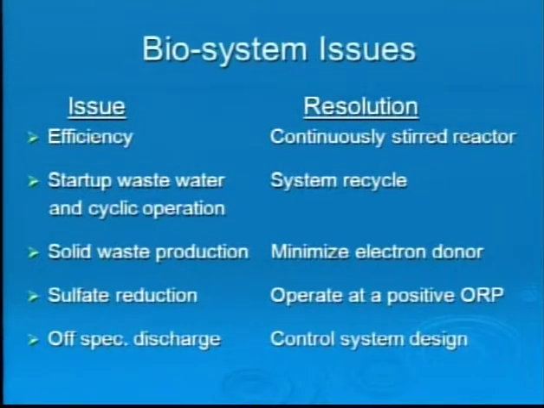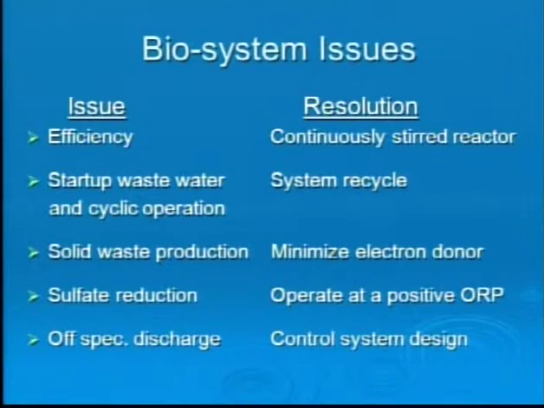One of the things about efficiency that's important is that high efficiency means good utilization of the electron donor. In all of the discussion you've heard so far, the key to minimizing waste is optimizing the use of your electron donor. Any additional electron donor just becomes additional biosolids.